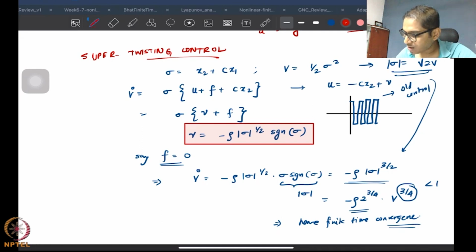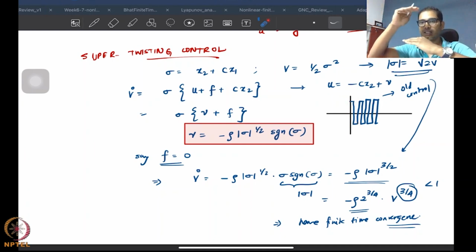But the super twisting control is rather nice. It is not just signum of sigma, it is signum of sigma multiplied by the square root of sigma. And this makes it rather nice and continuous. The control is not going to have these jumps anymore, because earlier, even if sigma became slightly positive, you had this value, and if it became slightly negative, you had that value. It was moving from this to this, this to this.